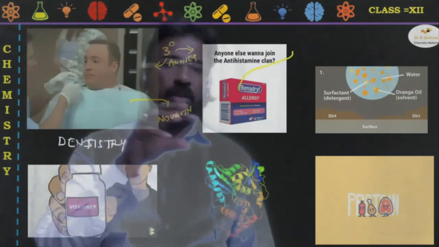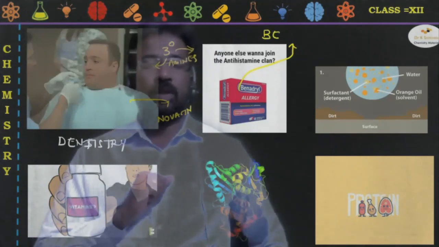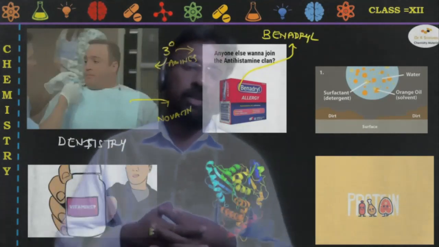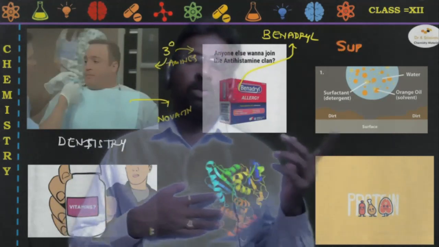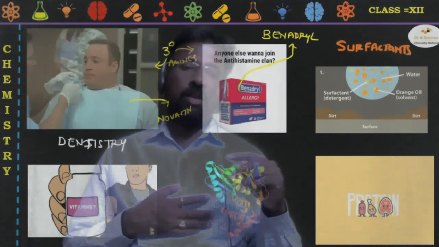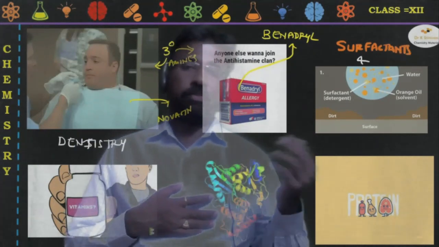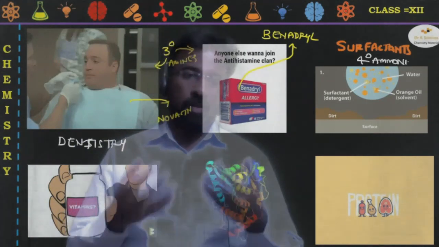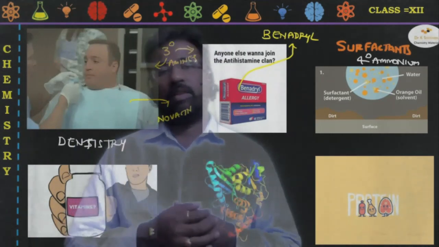That is nothing but the Novacaine compound, and Benadryl is used as an antihistamine, and quaternary ammonium compounds are used as surfactants.